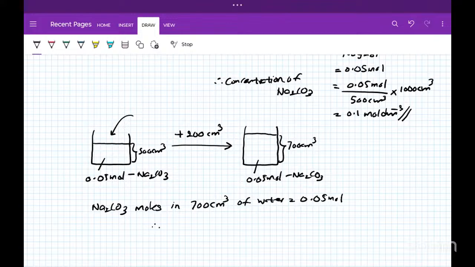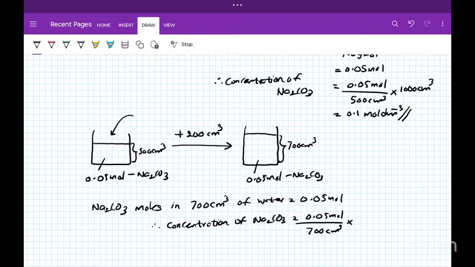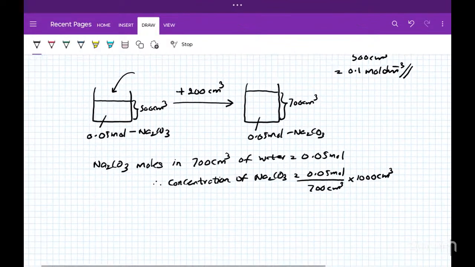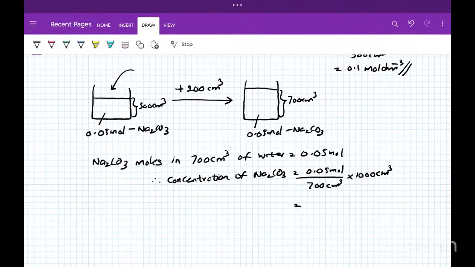Therefore, concentration of sodium carbonate: this is 0.05 moles, within now 700 cubic centimeters. How much in 1000? So you can do the math for this one. I don't have the answer for this one. You can calculate. So this is moles per cubic decimeter.